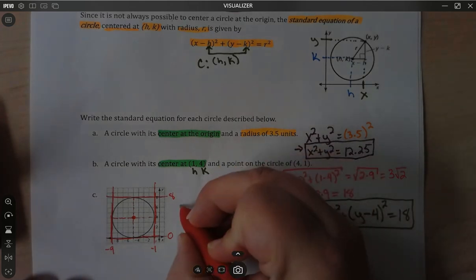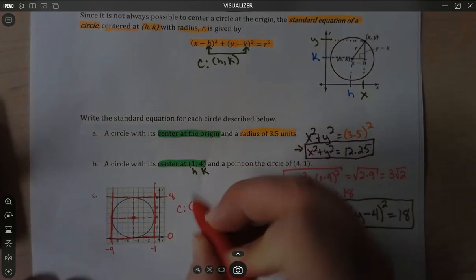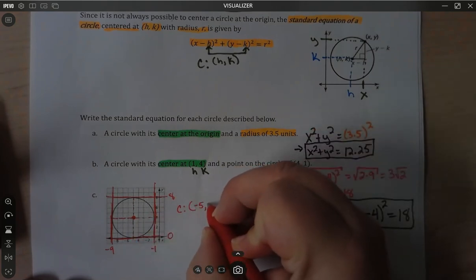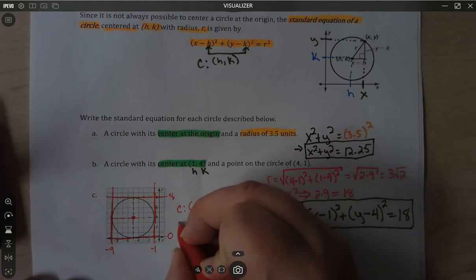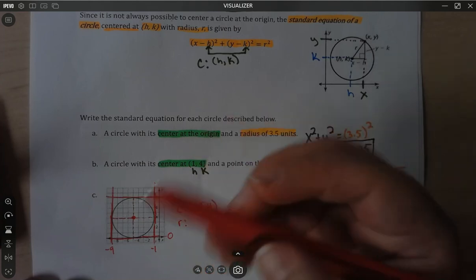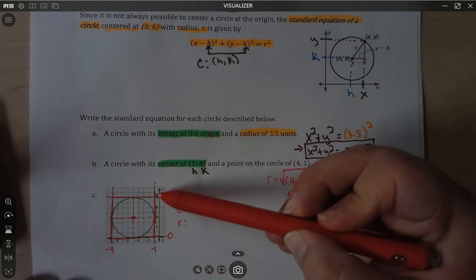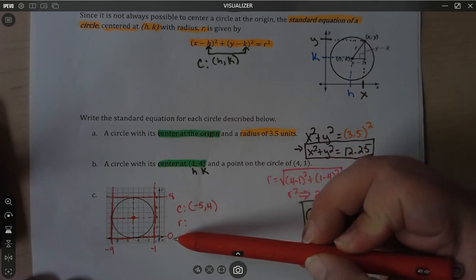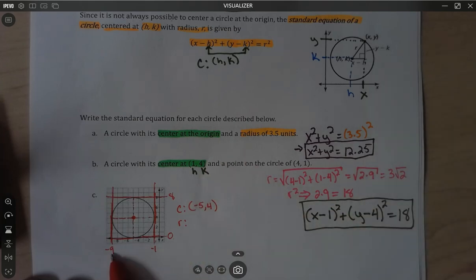So here my center is at the point (-5, 4). My radius, now I could take this total difference, 8 minus 0, which is the diameter, and divide by 2. -9 minus -1 and divide by 2.